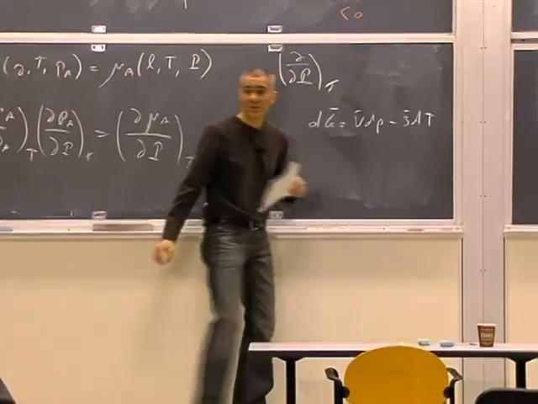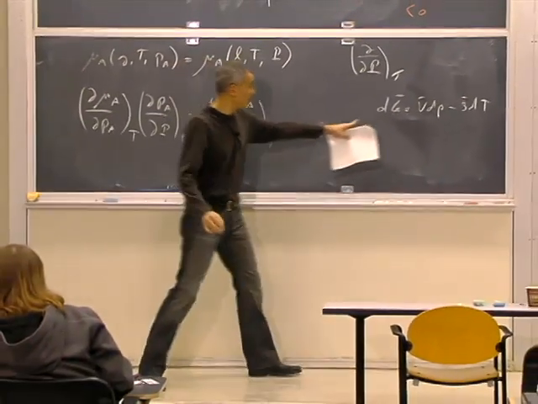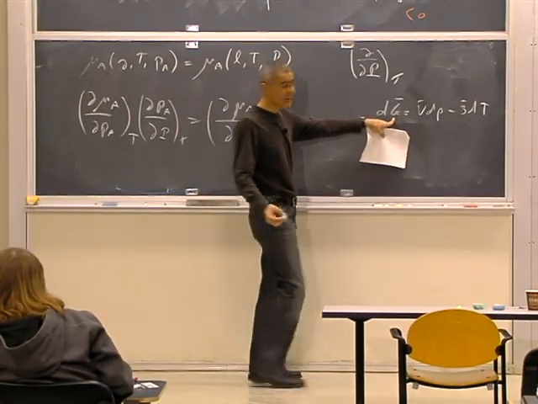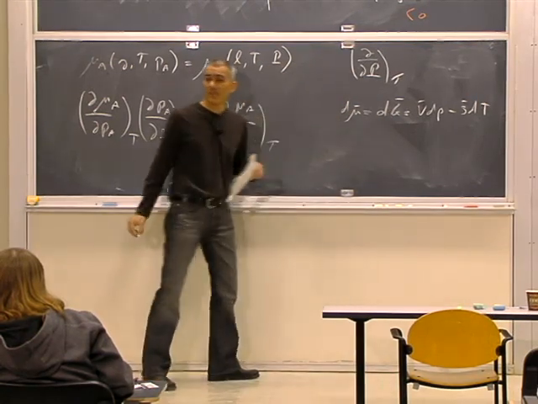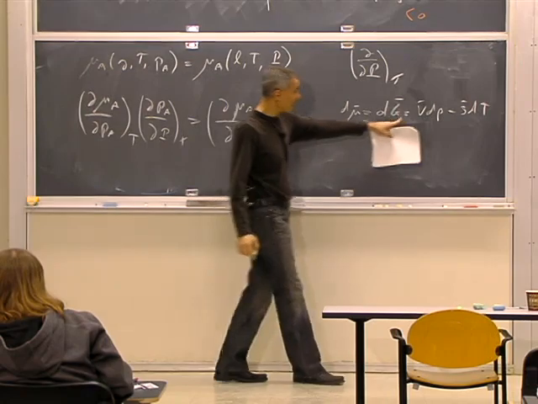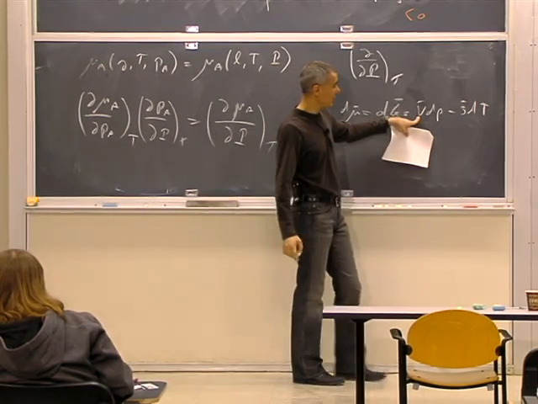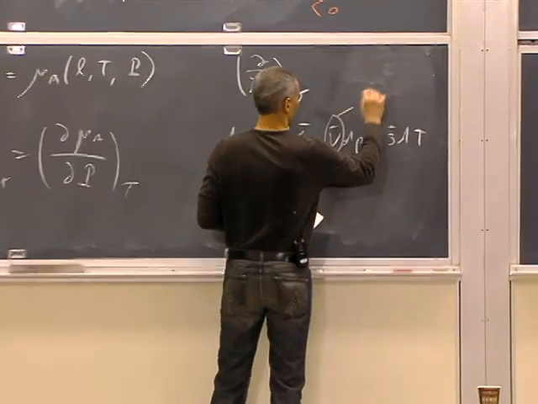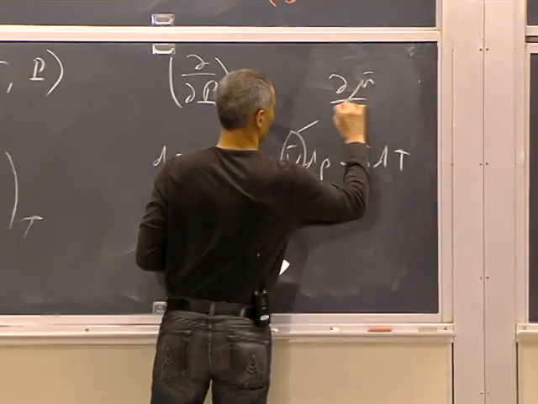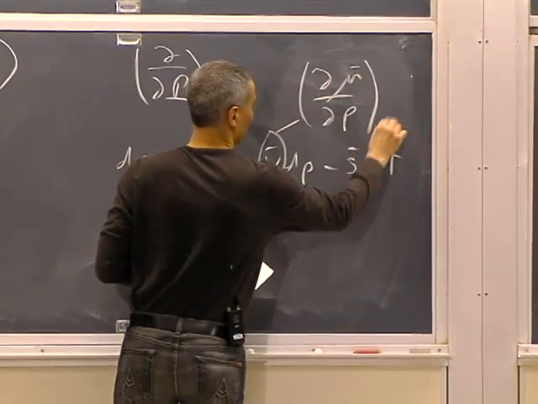This is the fundamental equation for Gibbs free energy. And this is the Gibbs free energy per mole, so that's just the chemical potential, right? This is the derivative with respect to pressure, and this is the derivative with respect to temperature. So this thing here is d mu/dP under constant temperature.